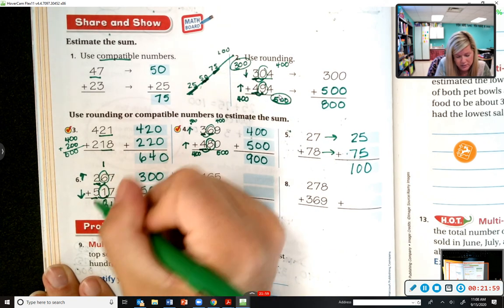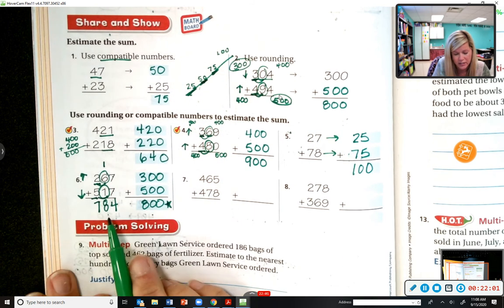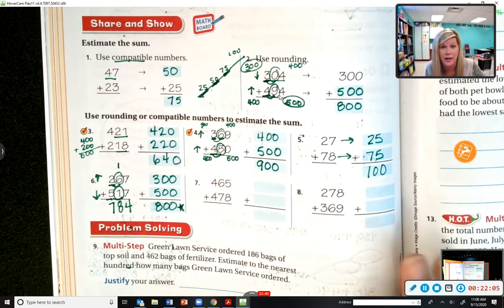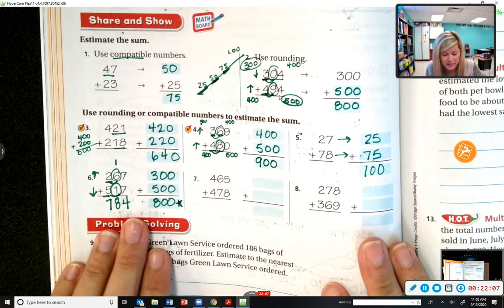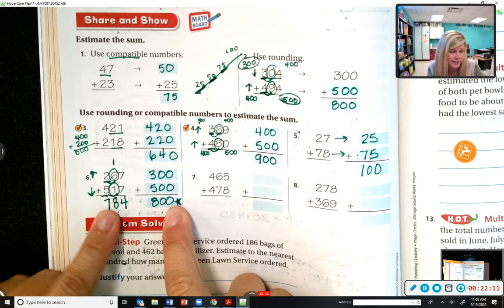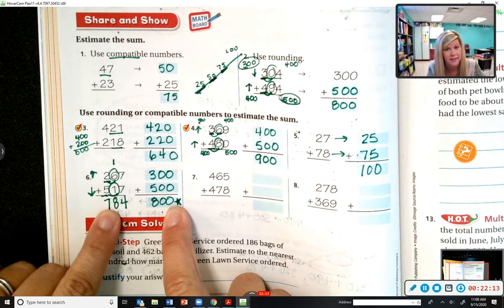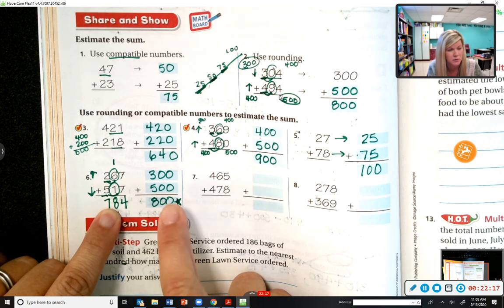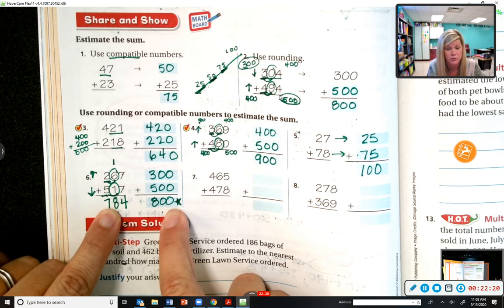And 2 plus 5 is 7. 784 is very close to 800. It's only 16 away. So that means we estimated pretty good and then we added correctly, or we should have, because I know my answer makes sense. It's reasonable because my estimate is close to it.